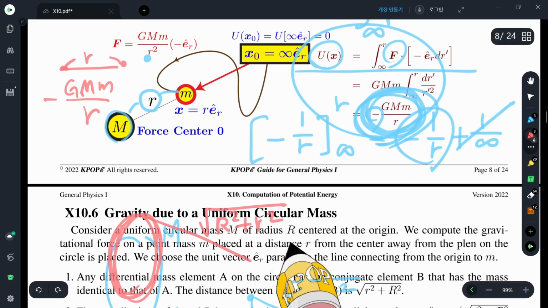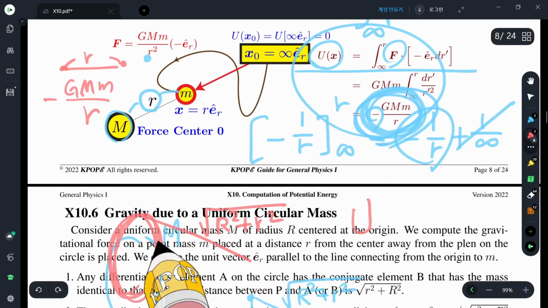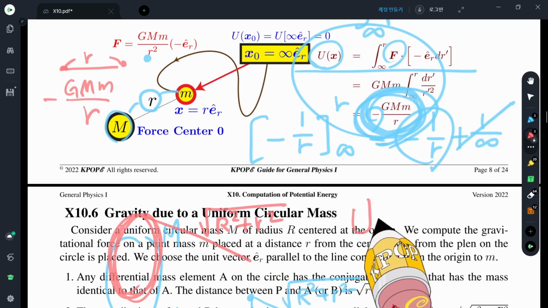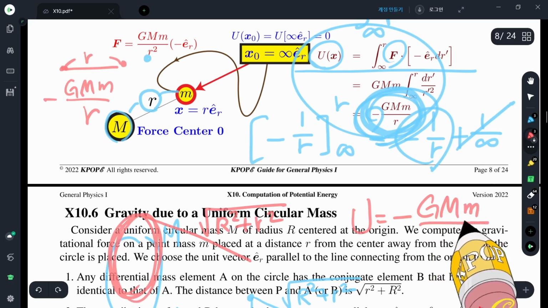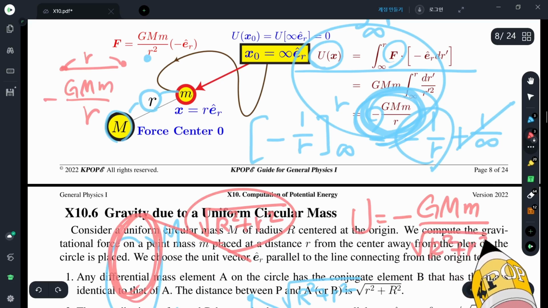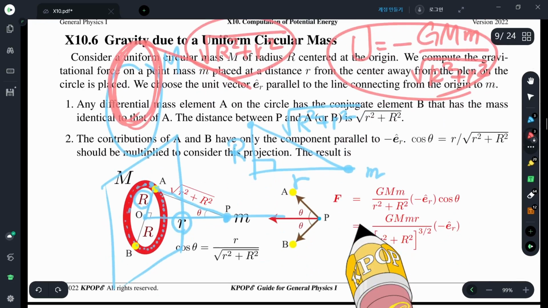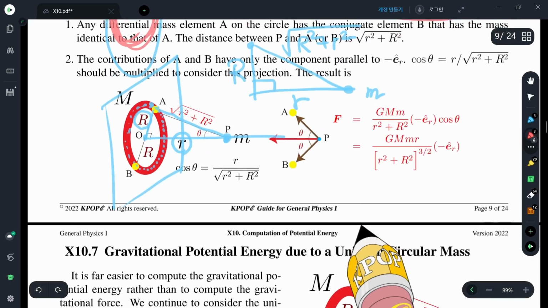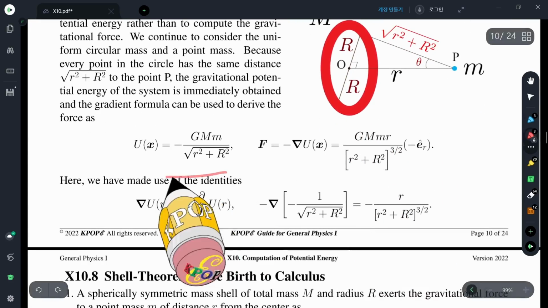Therefore, the gravitational potential energy of this whole system is minus GMm over the square root of R squared plus r squared. This is the answer. Am I right? Yes, I'm right.